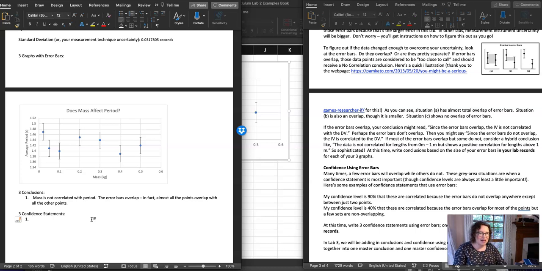Okay, for my no correlation, I am 90% confident that there is no correlation between mass and period. The error bars overlap so much.